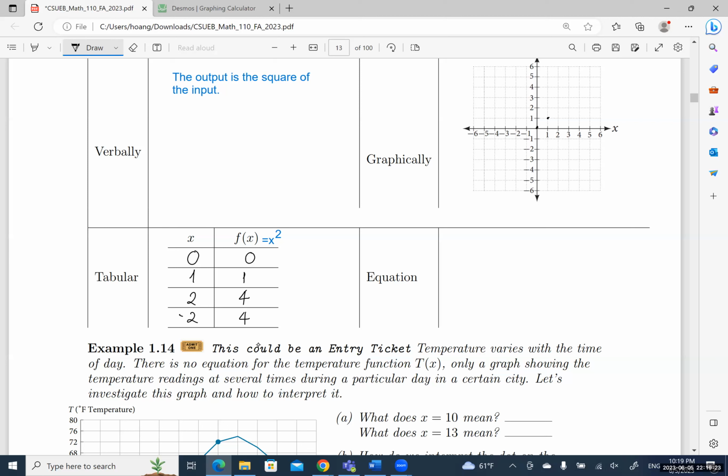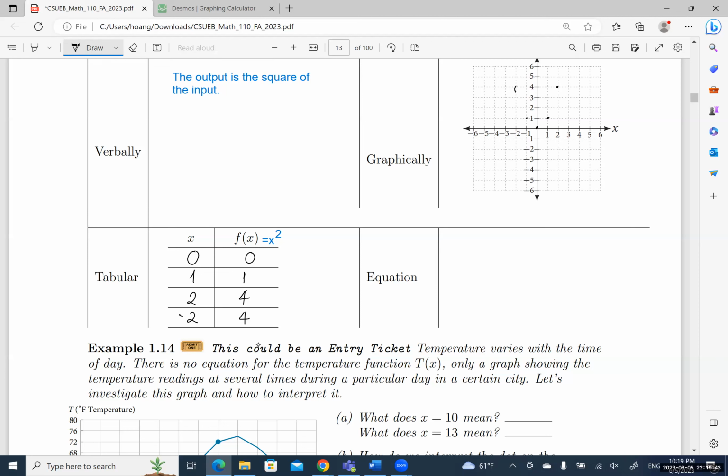So 2 and 4, so here, right? And the same way with the left one, you can have -2 and 4. This is the other one.